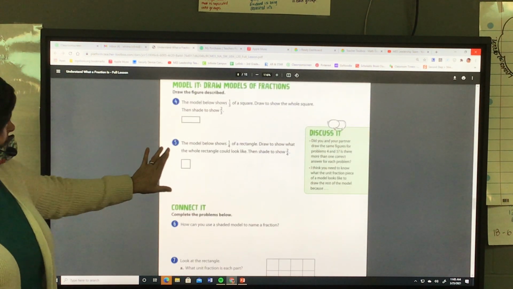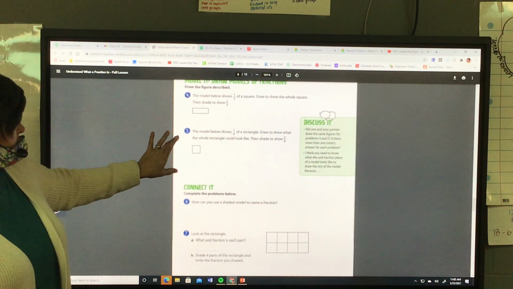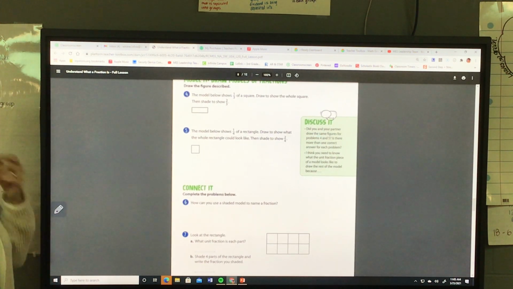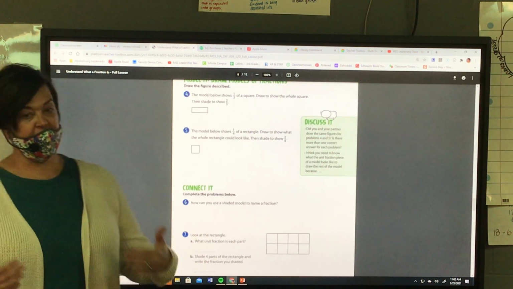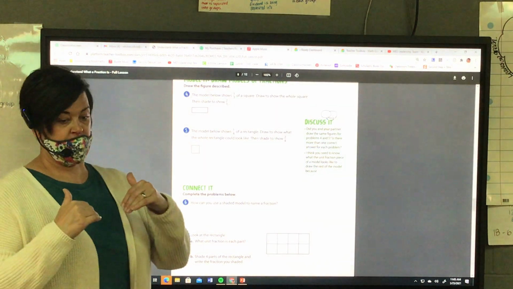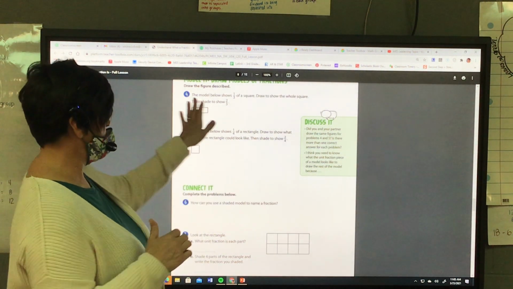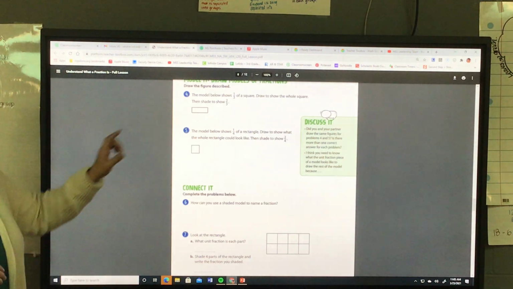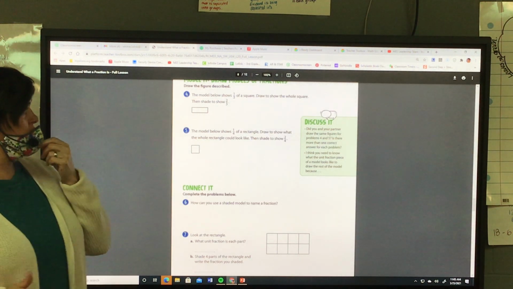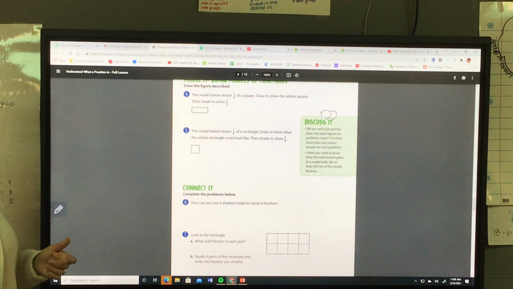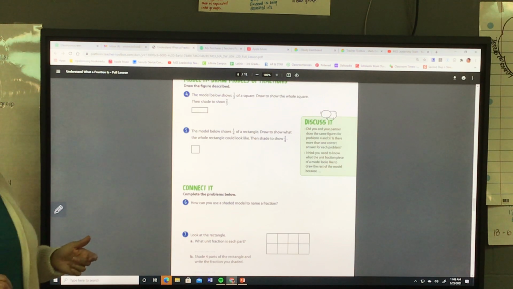Let's look at the back side. Now, you're going to have to do some drawing on these shapes, okay? So the model below shows 1/3 of a square.